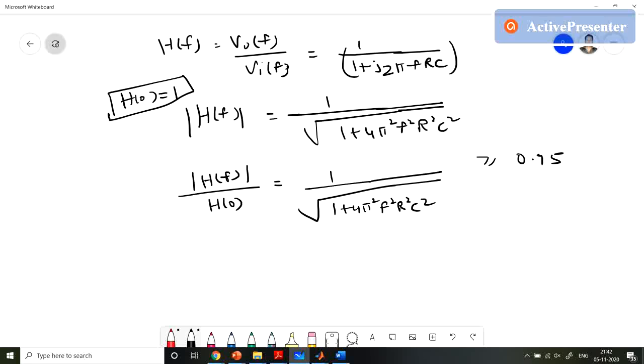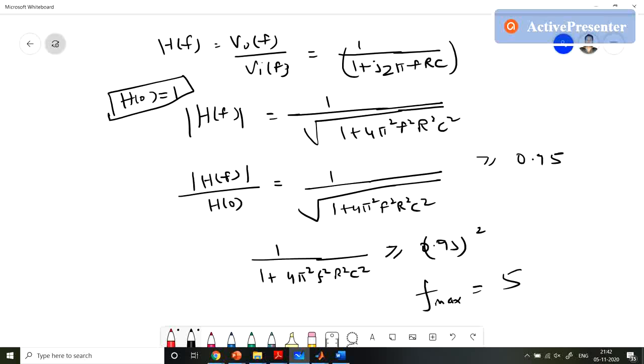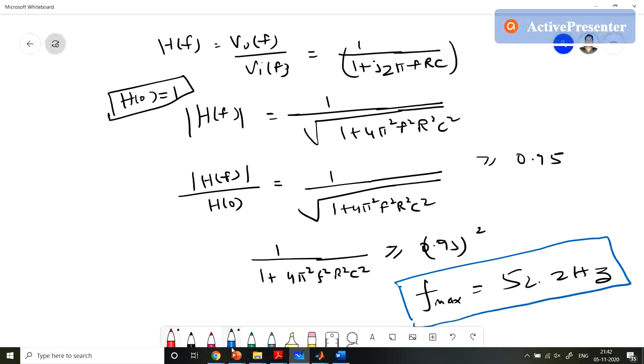So squaring both sides will give us 1 plus 4 pi square f square R square C square is greater than or equal to 0.95 square. So what we are getting finally is that f maximum is 52.2 Hertz.